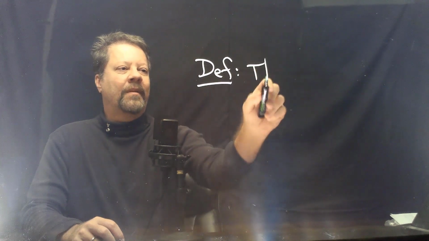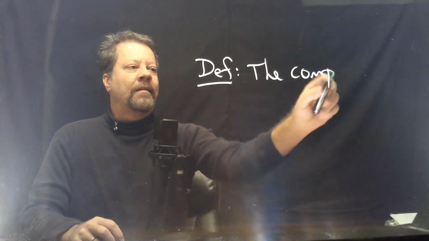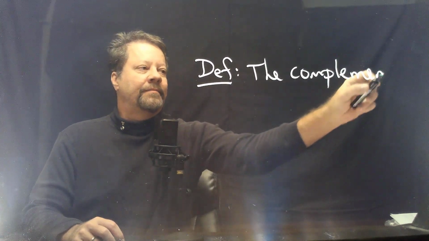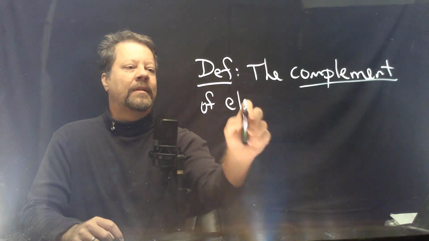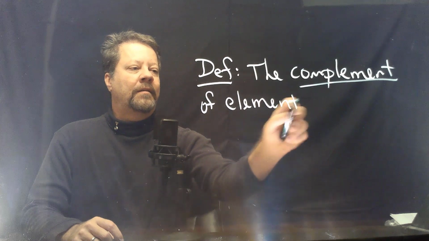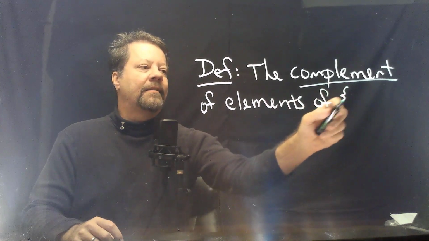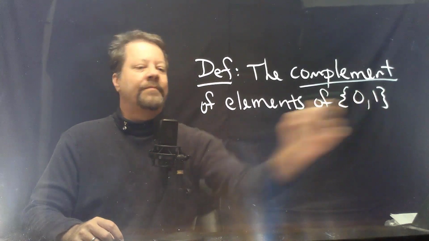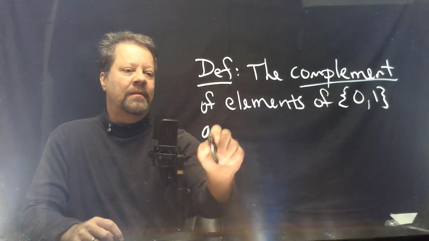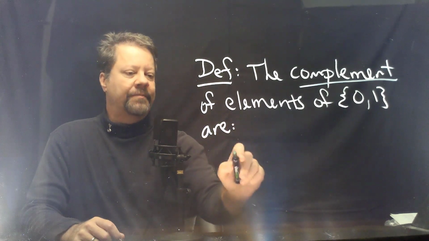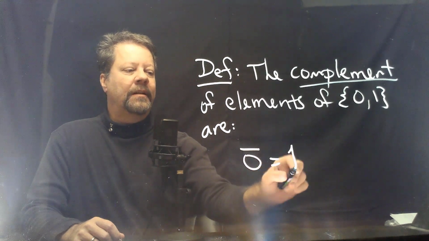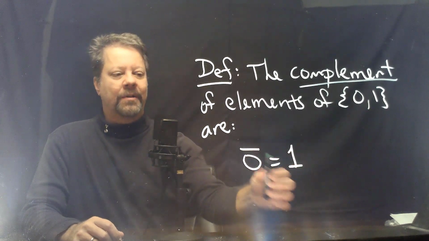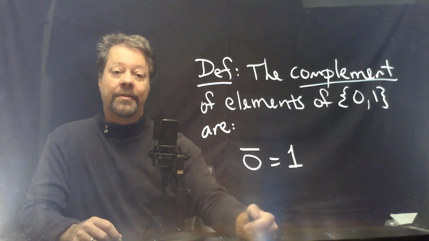Now, the complement of elements of the set 0 and 1 are defined as follows. The complement of 0 is 1. In other words, the opposite of false is true.